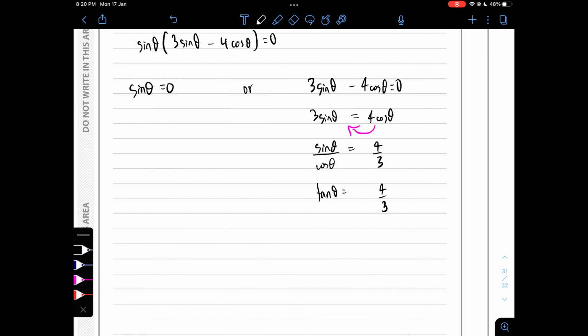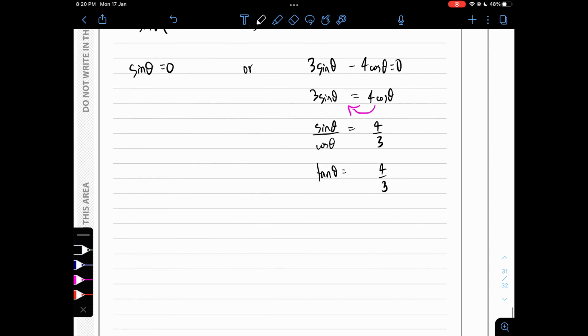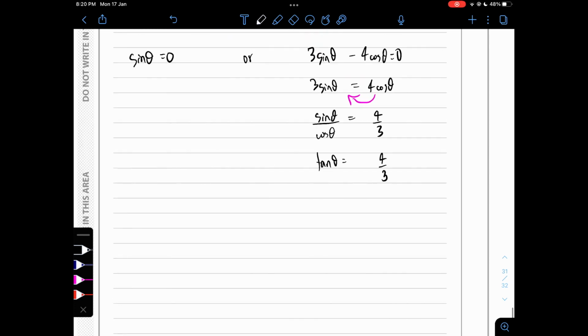Let's look back. What else can we do here? We need to know what theta is now, right? Now if we look at the sine diagram, when does it equal 0? So it's either CAST, right? It's either when it's in 0 or 180 or back to 360.